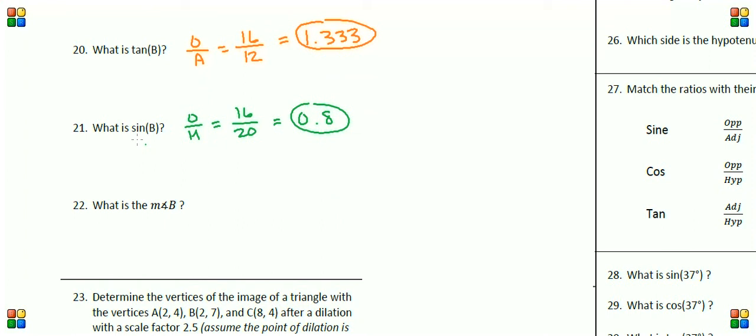So instead of putting in sine in your calculator, you will put in this one that's labeled sine to the negative 1, or inverse sine. Inverse sine doesn't take a degree. All your other trig ratios, sine, cosine, and tangent, you plug in the degrees of an angle and out comes the ratio of those two sides.